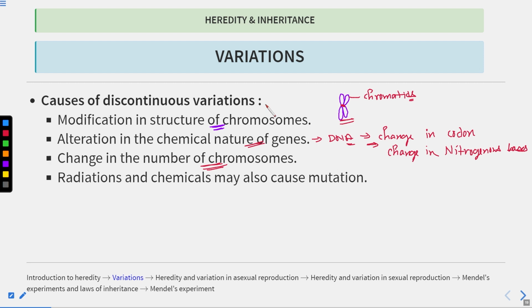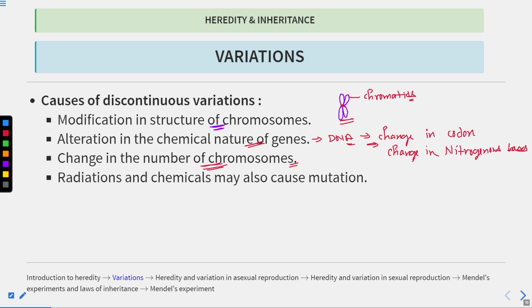So either one chromosome is lost, or one chromosome is added. There is a disease in which the trisomy of the 21st chromosome takes place. The additional chromosome is added, so there are three 21 chromosomes. This is known as the trisomy of the 21st chromosome. This can also lead to the discontinuous variation.